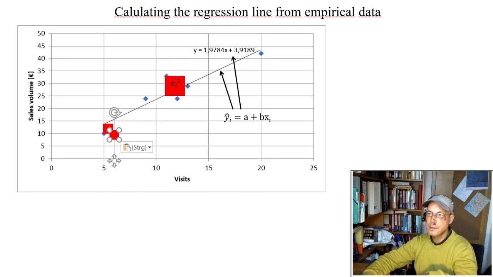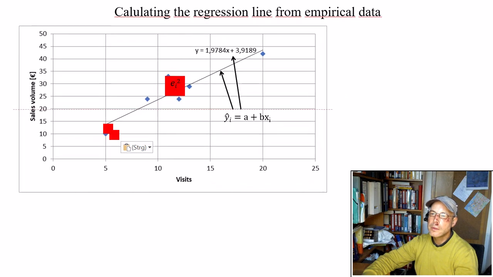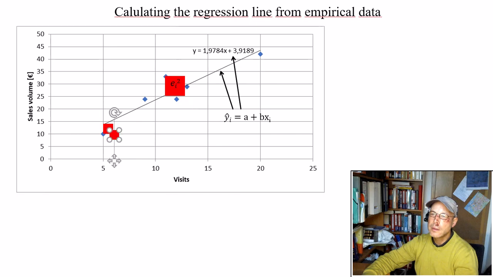Here an even smaller one, roughly this one. This would be another one, and here this is almost vanishing because this point almost is lying on our regression line.